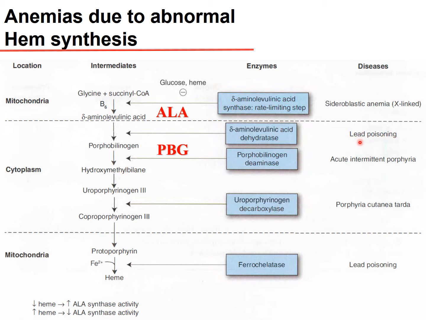For example, lead poisoning is associated with delta-aminolevulinic acid dehydratase, or acute intermittent porphyria is associated with porphobilinogen deaminase, or porphyria cutanea tarda, where we do have a problem with uroporphyrinogen decarboxylase. And lead poisoning again can alter the ferrochelatase activity as well.